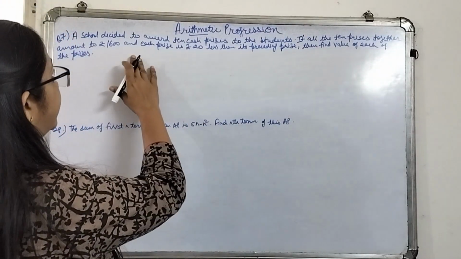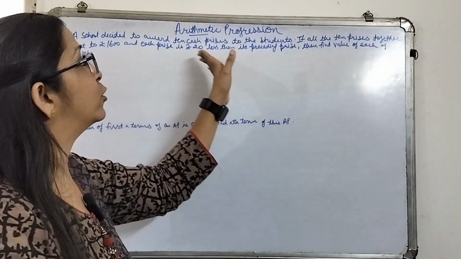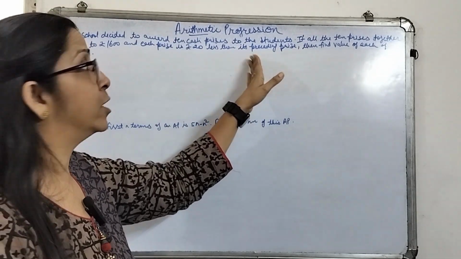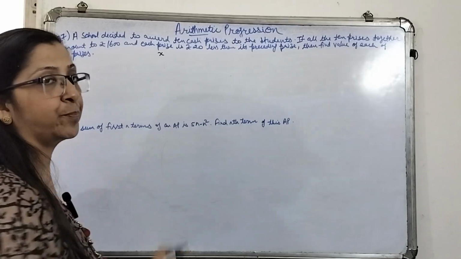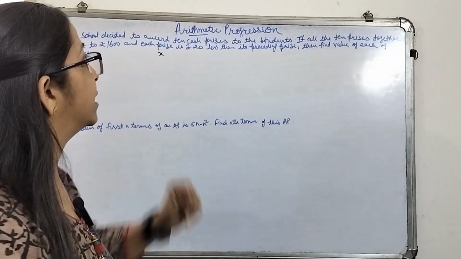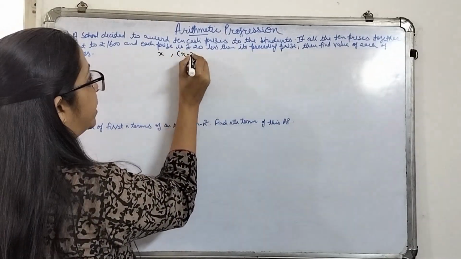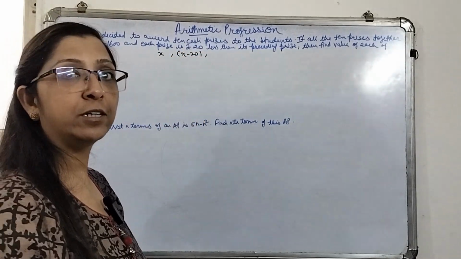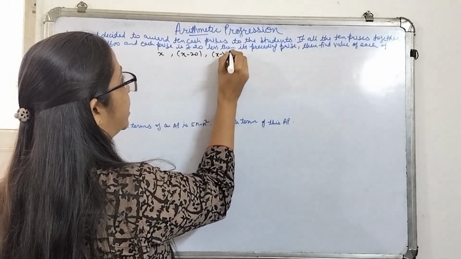Over here it is given that every next prize is 20 rupees less than its preceding prize. So if I assume that the first prize is rupees X, the amount for the second prize will be X minus 20. The amount for the third prize will be 20 less than this, that is X minus 40.